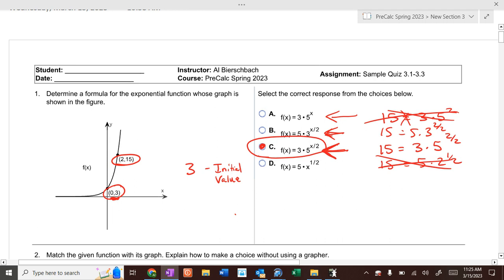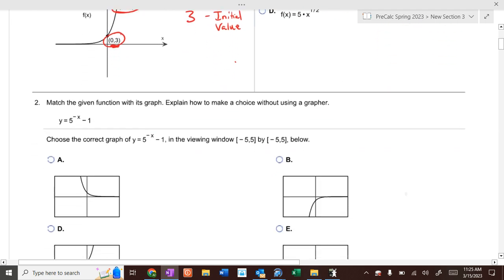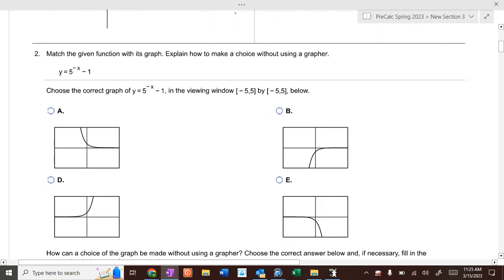Okay, there we go. Match a function. Okay, y equals 5 to the x would be a function that looks like this. Okay, that sort of thing. So if it's 5 to the negative x, what does the negative x do?